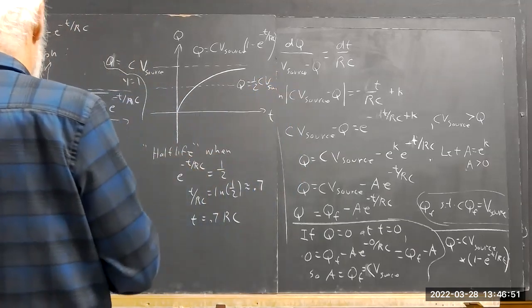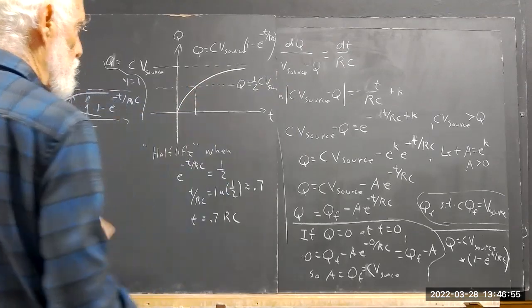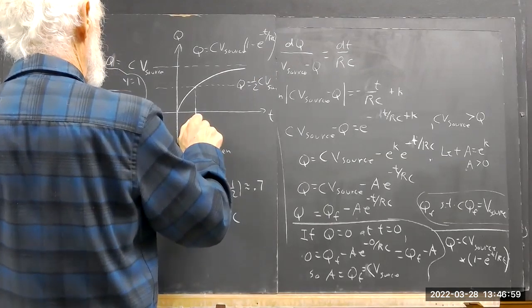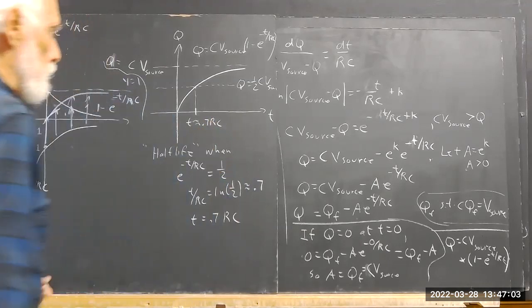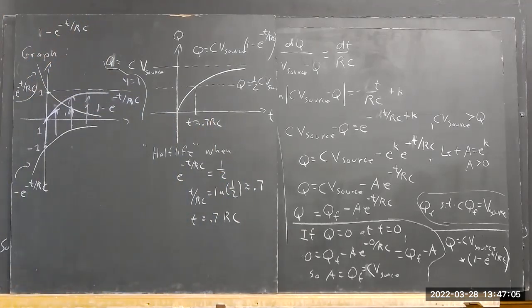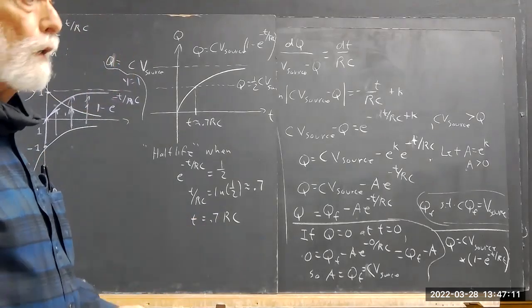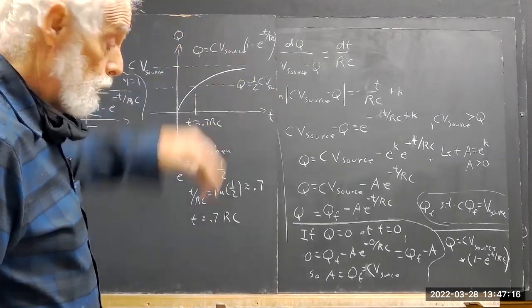Okay. And right here, t is approximately 0.7 RC. So the RC product tells you how quickly the voltage is going to approach this.